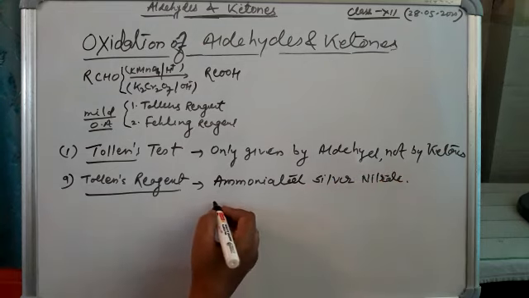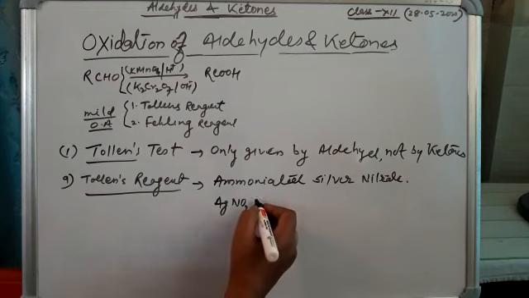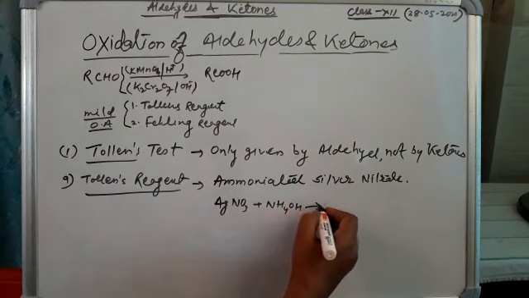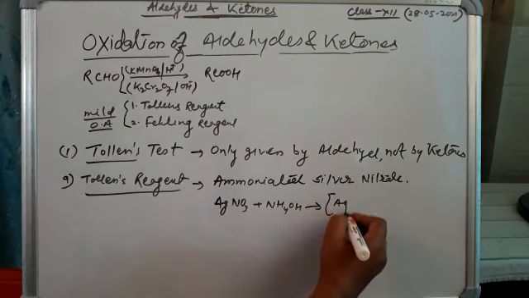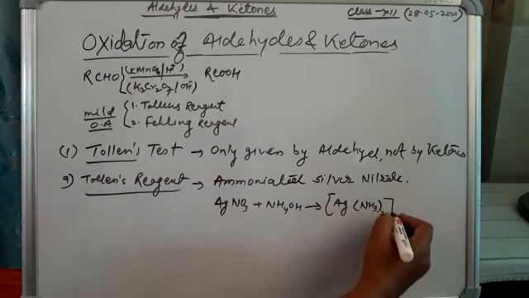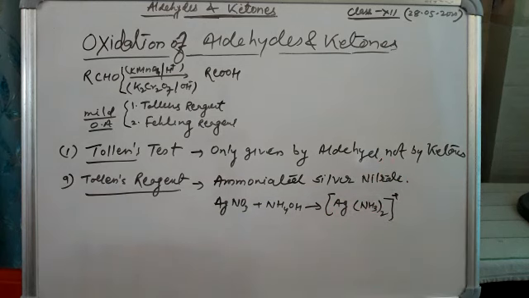We prepare it in the laboratory when silver nitrate is treated with ammonium hydroxide, forming a complex reagent of silver with ammonia, in which silver is present in the +1 oxidation state.